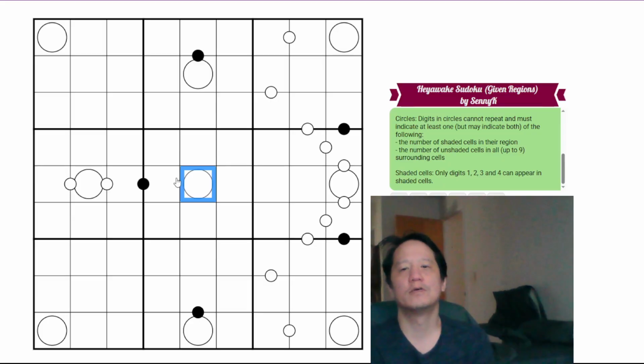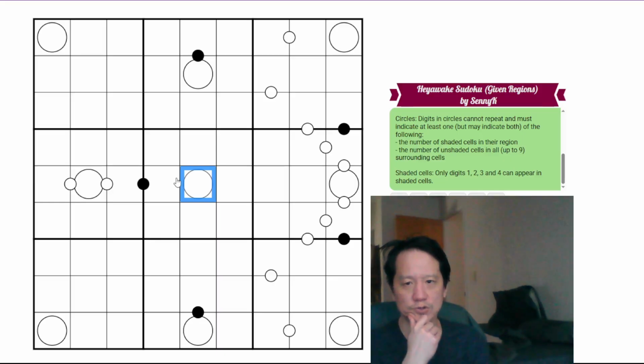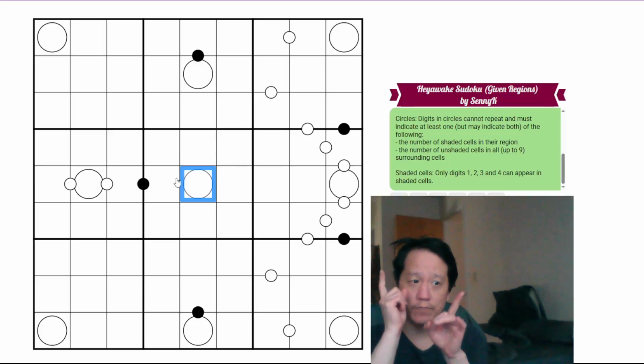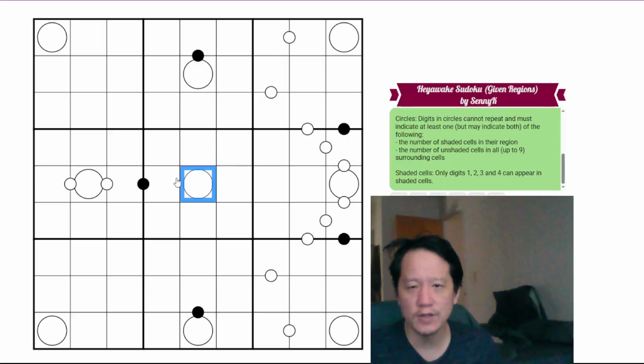Okay. So the circles, again, there are no repeats in circles. So you have to have the digits 1 through 9 in all the circles. And they indicate one or possibly both, but you only need one of the following.